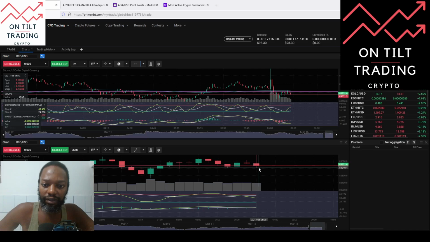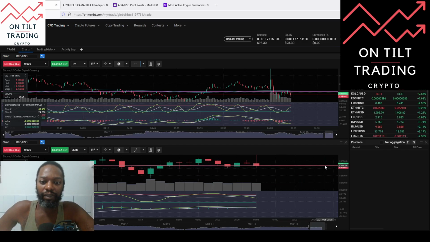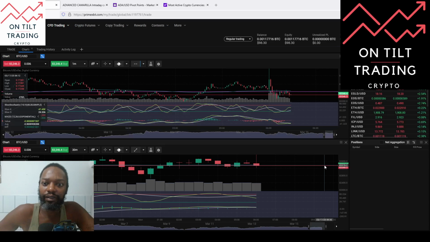Bitcoin, though, may close below here on this 30-minute, so I may trade out Cardano for Bitcoin and trade Bitcoin, Ethereum, and Solana. So what I'm seeing here on the 30-minute on Bitcoin: some slightly overbought conditions.